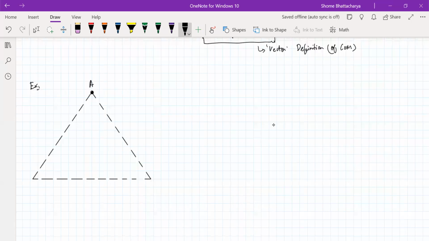So we have a particle A, which is of mass 2m, another particle B of mass m, and another particle C. Or let's name this particle as D so that we can name the center of mass as C.